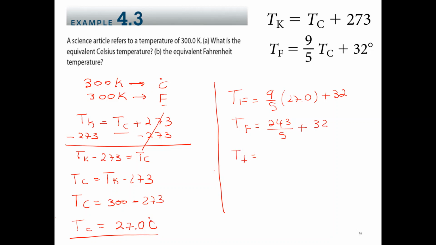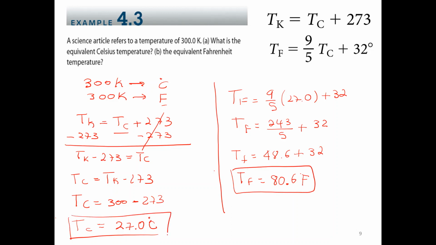The first division gives 48.6, plus 32, and finally we have 80.6 Fahrenheit. These are the two answers. Then 300 Kelvin equals 27 degrees Celsius, and 300 Kelvin equals 80.6 Fahrenheit.